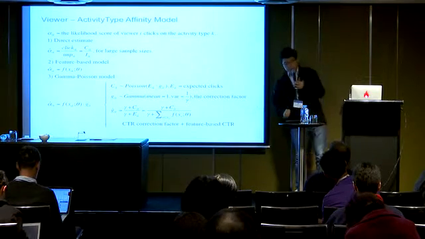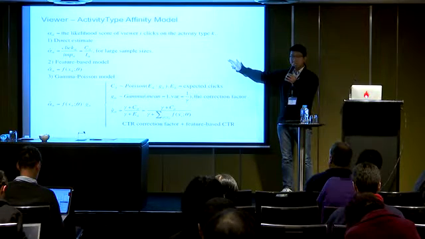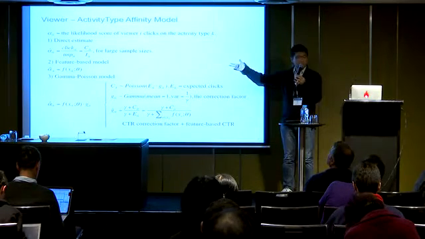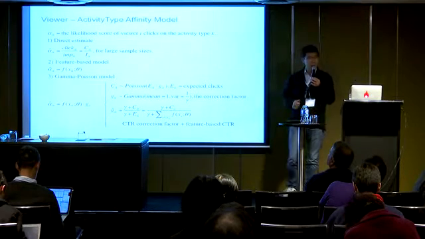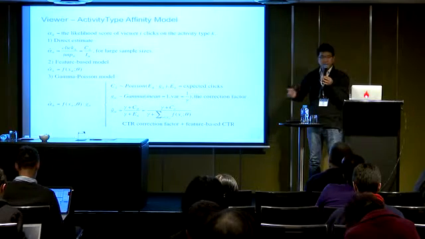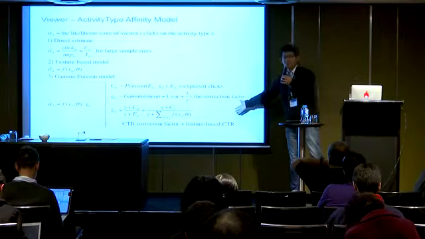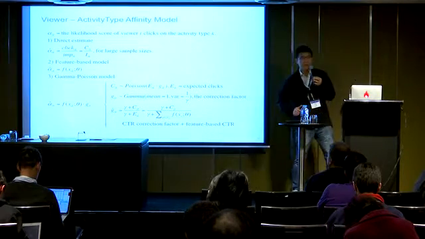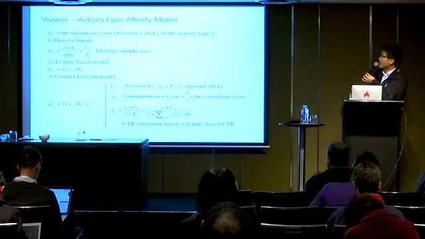For viewer-type pairs with large samples, the warm start part plays an important role, but for pairs that don't have enough data, we can still use the cold start features to compute the likelihood. So that's the viewer-activity type affinity model.